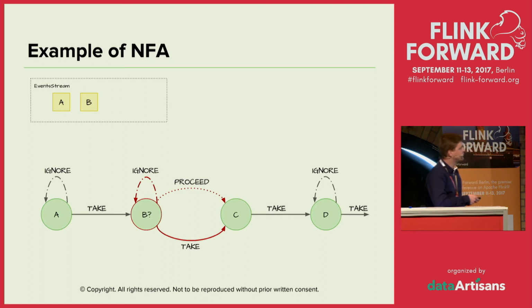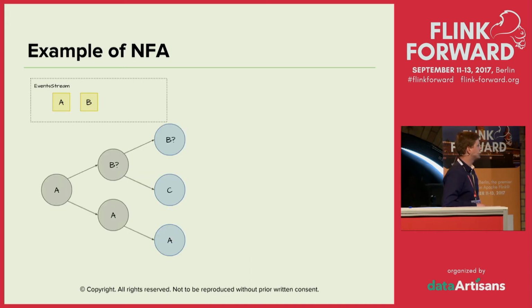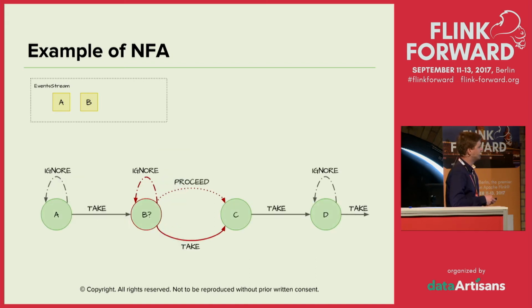In case of ignore and take, it's just the same as in previous states, so it will generate new computation states named B and C. The proceed condition is a little bit different, as it never generates a new computation state. It just tells the automaton to check transitions in the target state of that transition.